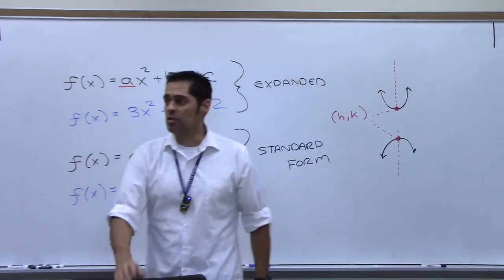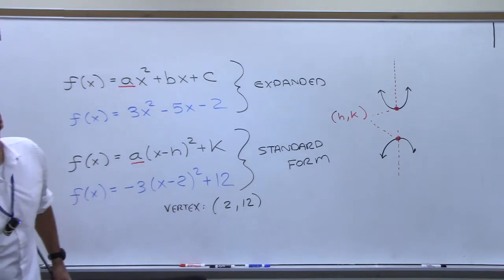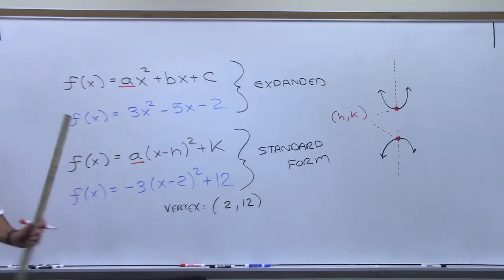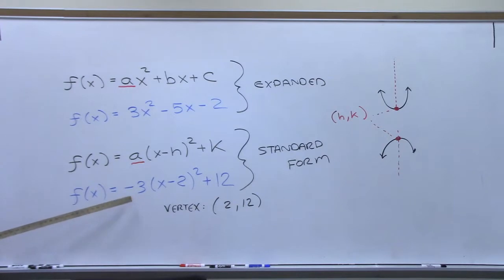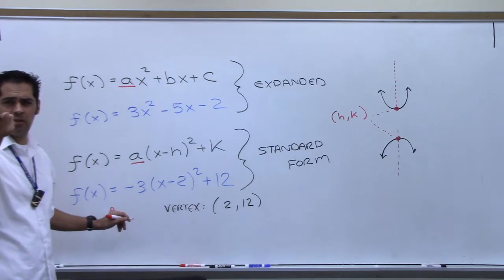And it has an equation. The equation of a vertical line is always going to be x equals h. So what's the axis of symmetry for this parabola right here? It's going to be x equals 2. Do you see that x equals h right there?